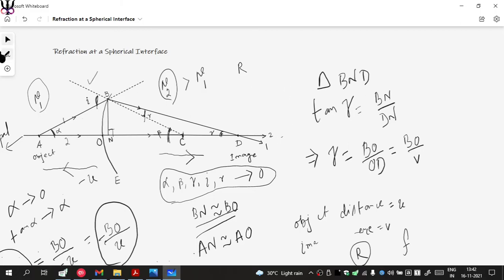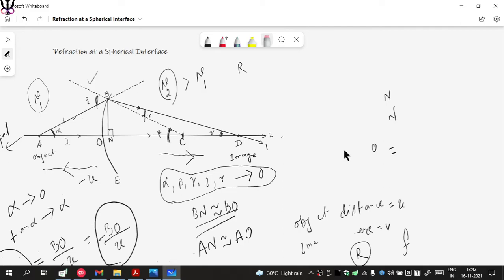So let me just erase this part here and write the triangle. In triangle BNC, the same process again: tan of beta is BN upon NC.